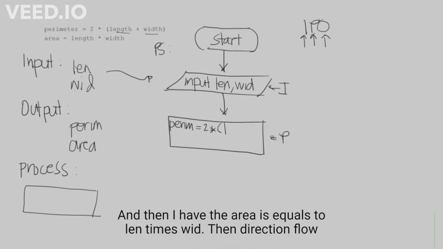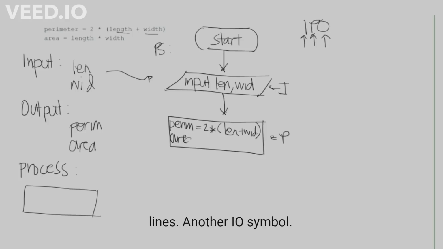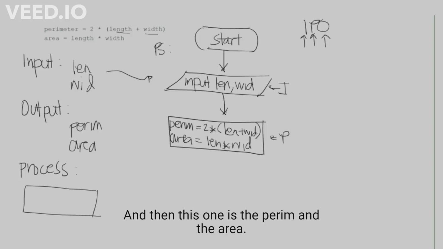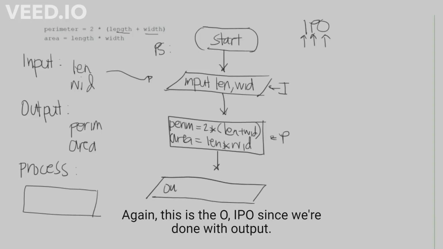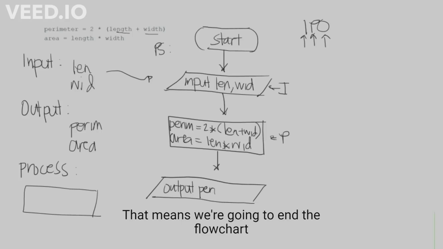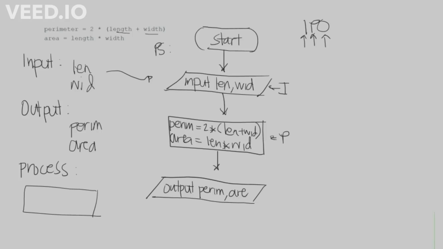And then area equals len times width. Then direction flow lines, another IO symbol. This time I'm going to use output, and then the perim and the area. So again, this is the O, IPO. Since we're done with the output, we end the flowchart.